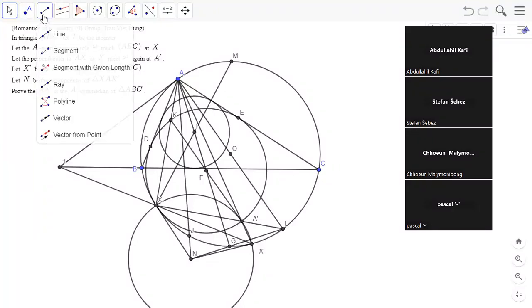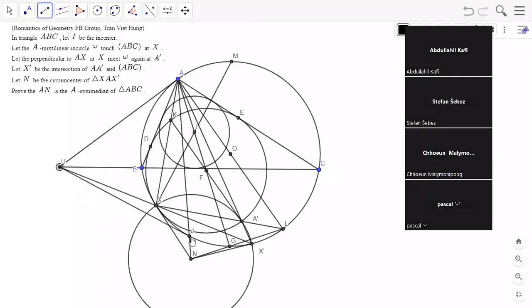So HJ is tangent to the circle. No, no, we don't know that. We don't know that HJ is tangent. But we know that NX and NX prime are tangent, right? So that means A, X, J, X prime is harmonic. So then that proves that HJ is tangent, right? No, since we don't know the concurrency.